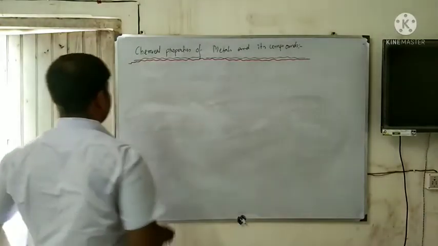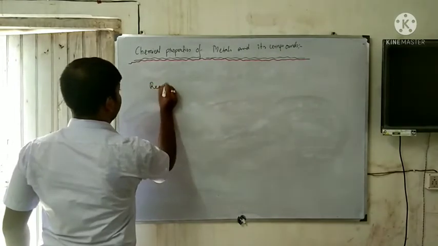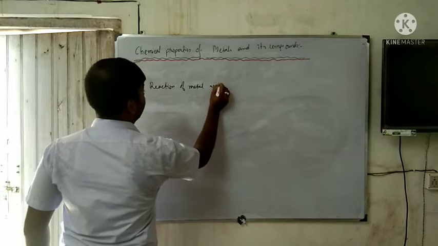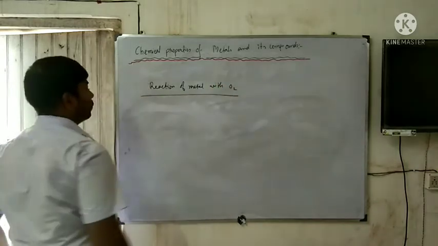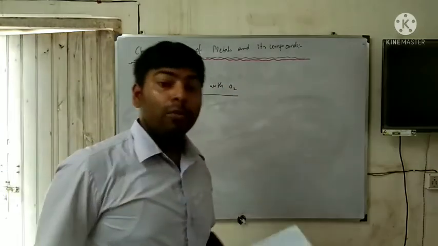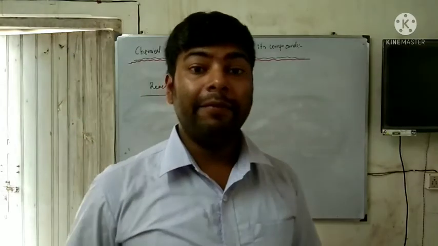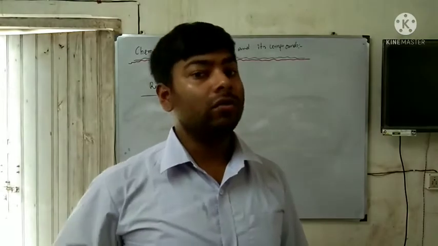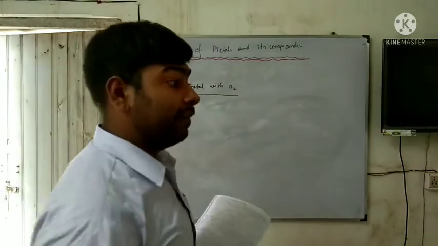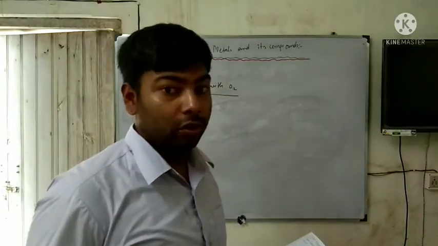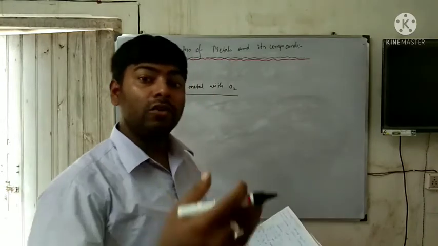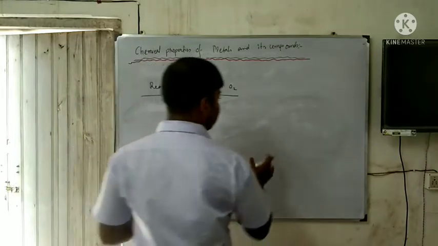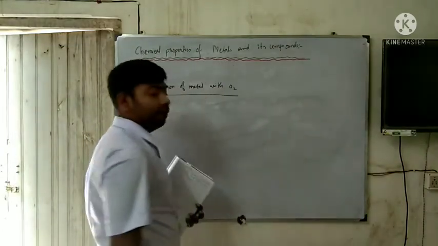So it is the reaction of metal with oxygen, O2. Most reactive metals have an affinity towards oxygen. Affinity means they want to react with oxygen, though their reactive nature may be less or more. But they have the ability to react, except some metals which are listed in the least reactive position.